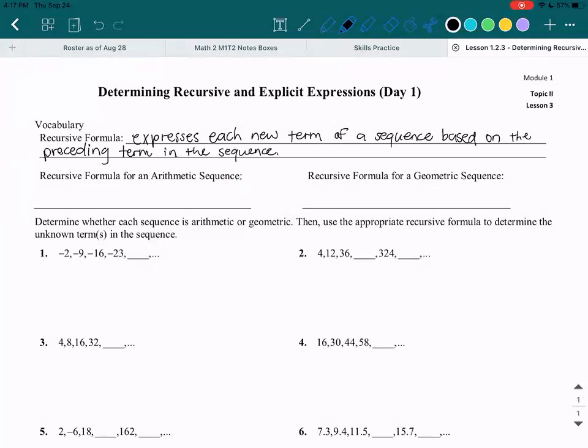And preceding just means the term that came right before. So the recursive formula expresses every new term of a sequence based on the previous term in the sequence, okay?